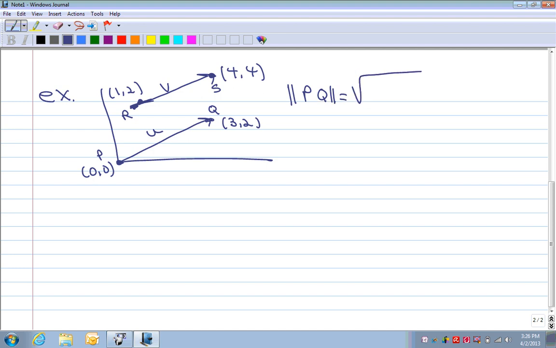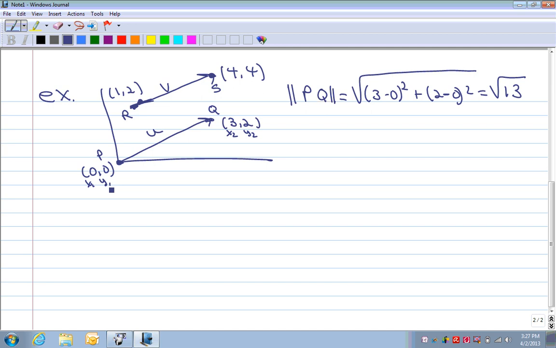We would substitute into our distance formula, and we would have 3 minus 0 squared plus 2 minus 0 squared, and when we do that we'll end up with the square root of 13. Notice the 3 came first because this would be your x sub 2 and your y sub 2, and this is your x sub 1 and y sub 1, and therefore the order is very important now.